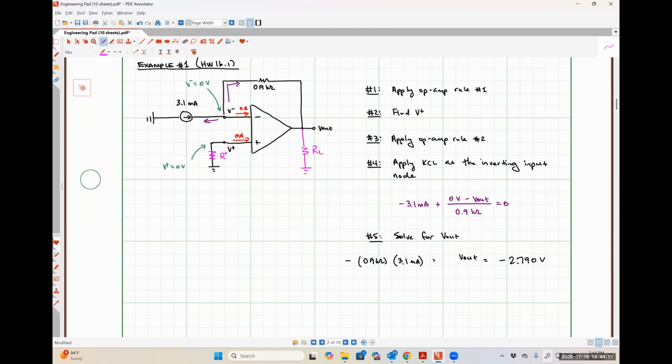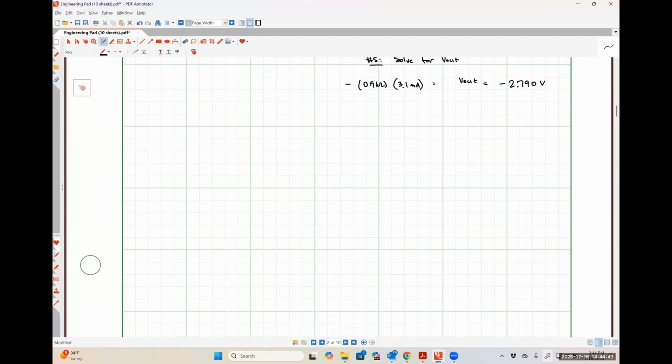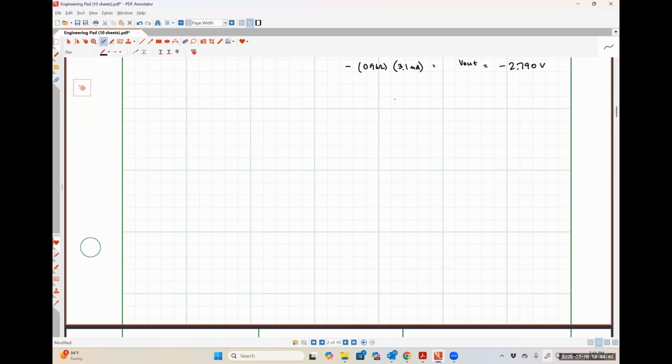All right, let's look at another example problem. So I'm going to take this same circuit and I'm going to make one change. It's a fairly impactful change for what it's worth. So this guy is homework set 16, problem 2.